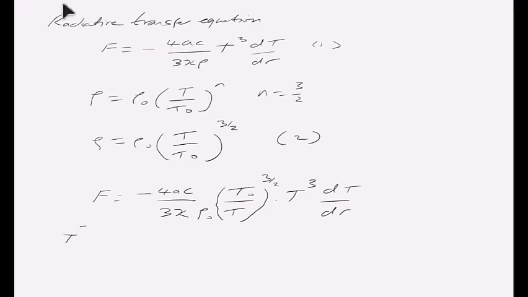So we've got T cubed divided by a T to the 3 over 2, because T naught is a reference temperature. And we want to combine these, so this is simply T cubed times by T to minus 3 over 2, which is the same as T to cubed minus 3 over 2.